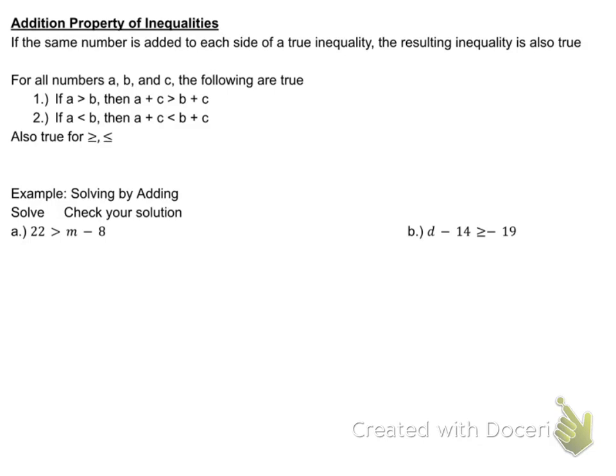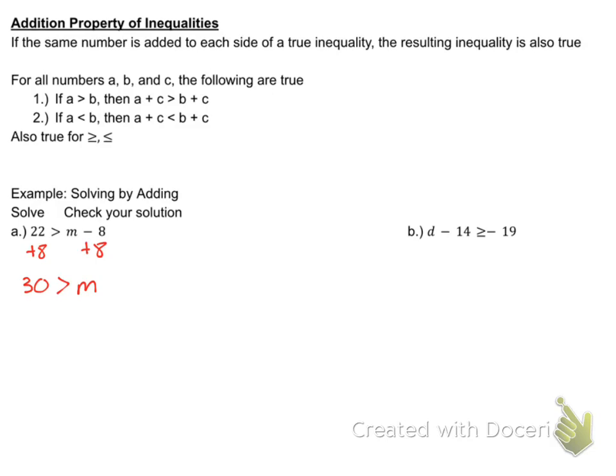Solve for m. Right now it's m minus 8. What do I do to solve that? Or get m by itself? Add 8. What's 22 plus 8? 30. Greater than m. Done. 30 is greater than m.